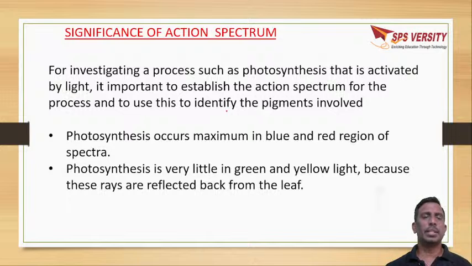So what is the significance of action spectrum? It has a lot of importance: to establish the rate of photosynthesis and at which pigment it is maximum. Photosynthesis occurs maximum in the blue and red region of the spectrum. Very little photosynthesis takes place in green and yellow light. Why?